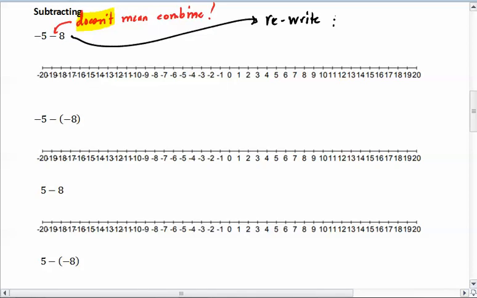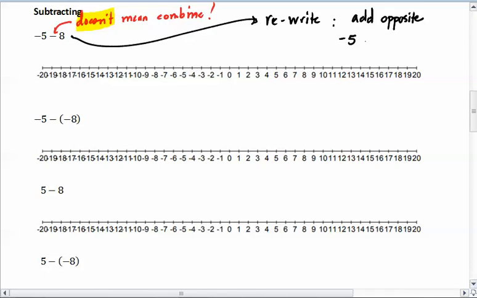If you look at a math dictionary and you look up subtract, one explanation for subtraction is to add the opposite. You're going, wait a minute. Subtract means to add? Yes. Add the opposite though. So let's rewrite this. Watch. The negative 5 stays untouched.